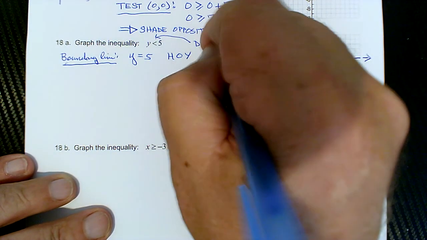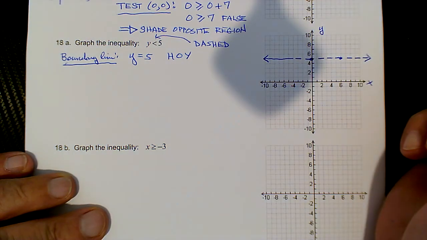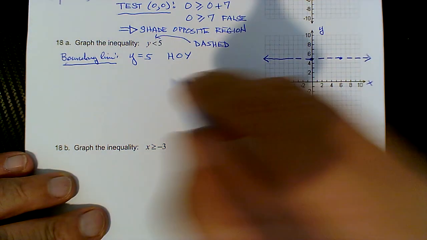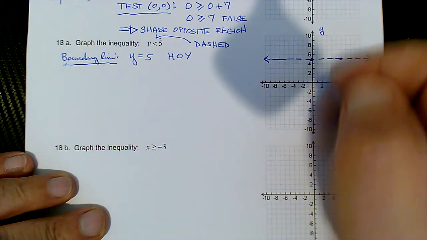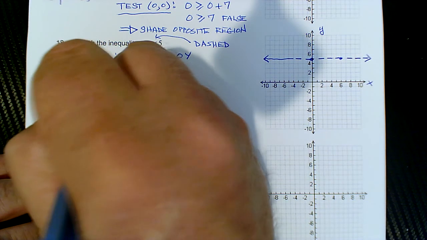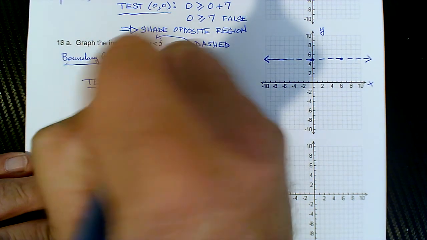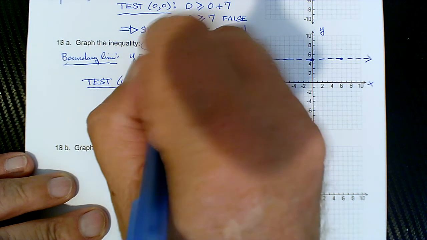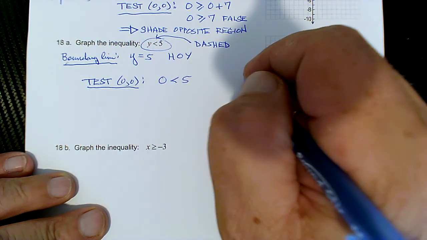And then again, you don't really have to formally go through the test, because if x is greater than or equal to, it must be to the right, where x is greater than those values. But if you want to test 0, 0 again, 0 would be greater than or equal to -3.